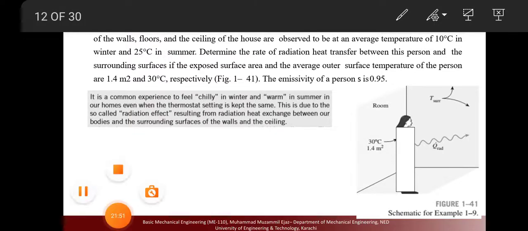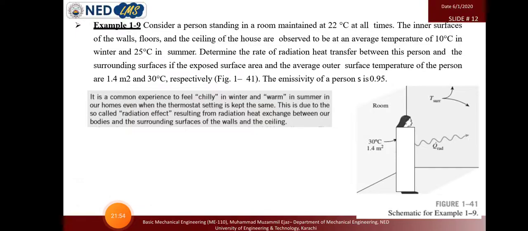So let's solve this numerical. First we apply the formula of Q radiation, that is emissivity times Stefan-Boltzmann constant times area times Ts⁴ (surface temperature) minus T surrounding⁴ (winter temperature).